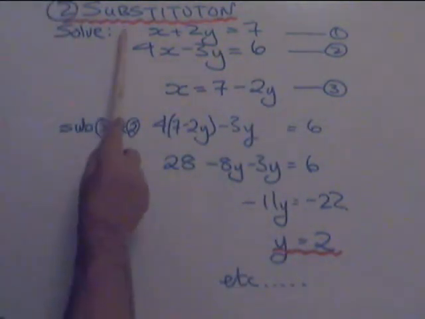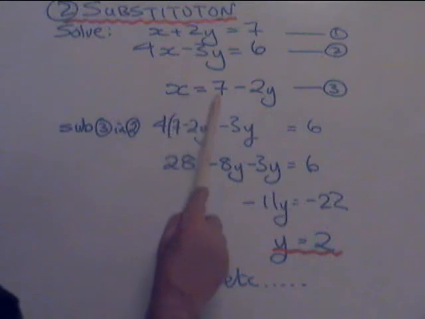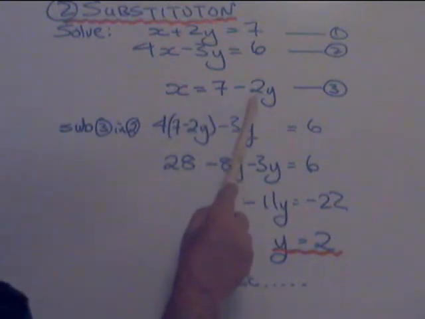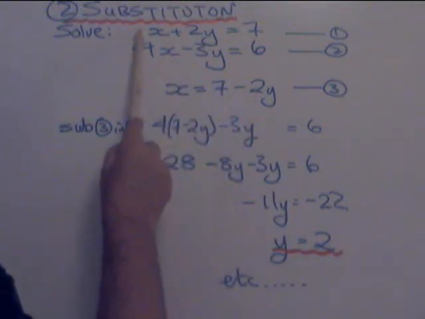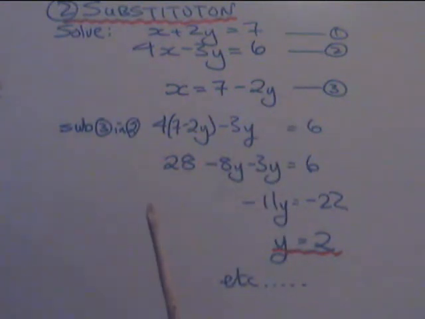Now in order to use the substitution method, I've got to write an equation y equals something or x equals something. And I'm going to choose that x equals 7 minus 2y. And that comes from equation 1. I'm calling that equation 3.